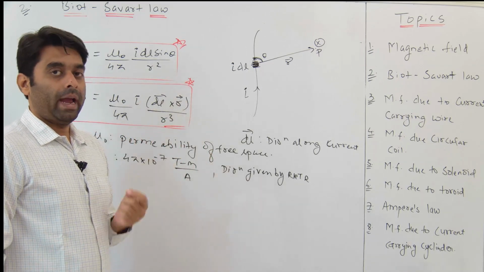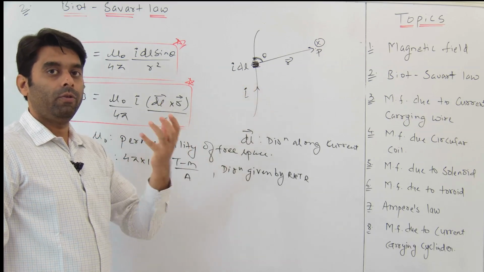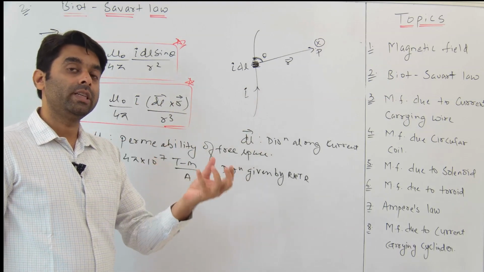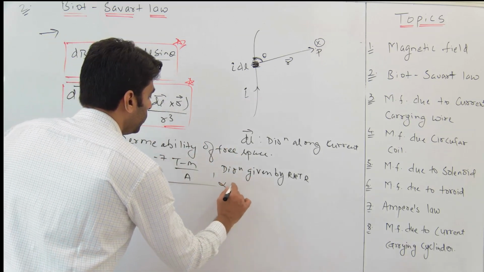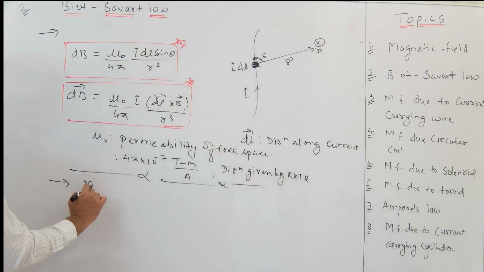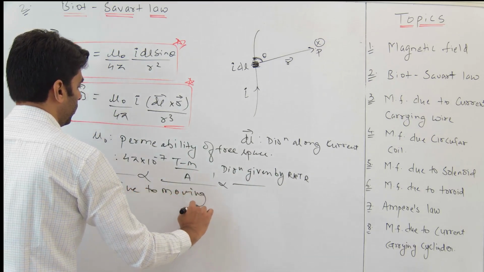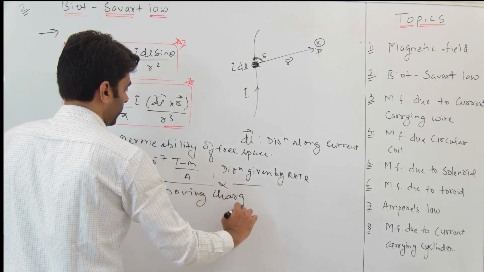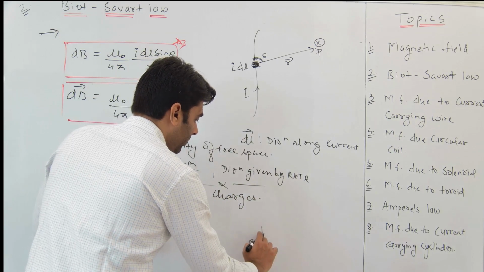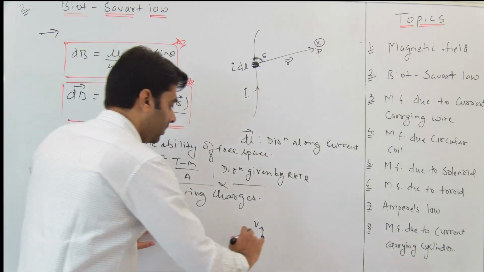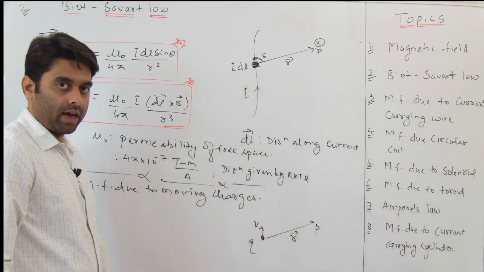Apart from this, as we know, this current is flowing due to the moving electrons, and we know that moving charges produce magnetic field. So can we write down magnetic field due to moving charges? Let us see. Magnetic field due to moving charges. Let's say a charged particle Q is moving with a velocity of v, and at a point P which is present at a distance of r, the position vector is r vector.